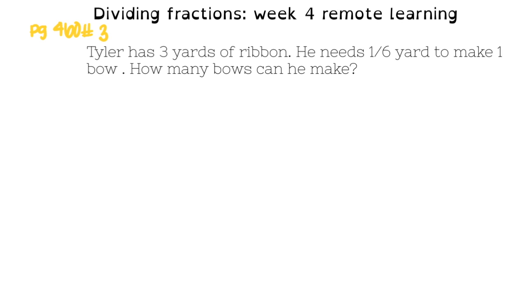So here I want to start by writing my equation. Okay, he has 3 of something, right? He has 3 yards of ribbon, and he wants to divide them into sixths. Okay, so 1/6 to make blank amount of bows. So the way that I can start this is by drawing myself a grid.